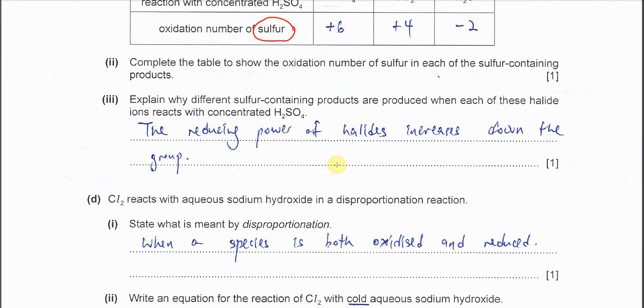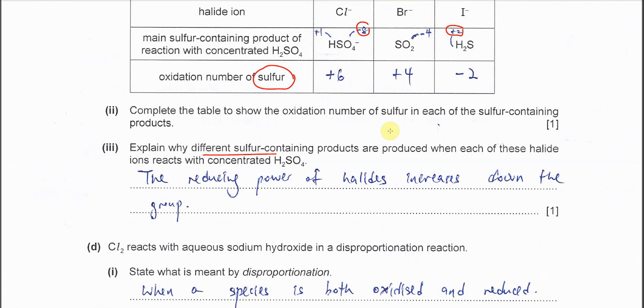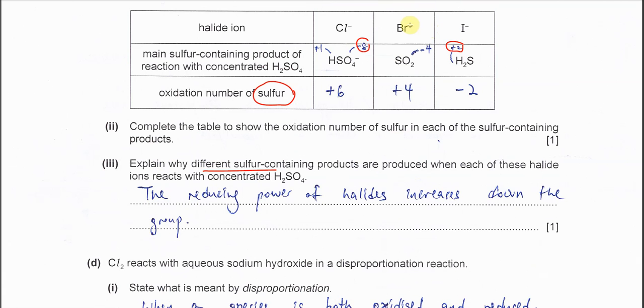Okay, part 3. Explain why different sulfur-containing products are produced when each of these halides reacts with concentrated H2SO4. As you can see, when chloride reacts with H2SO4, it will just form HSO4 negative, and the oxidation number of sulfur is +6. When we use bromide, the sulfur oxidation number now decreases. When we use iodide, the sulfur oxidation number decreases further.